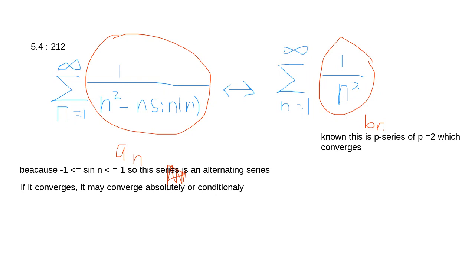Well, let's check more. So 1 over n squared minus n sine n is in between. Let's only see this.